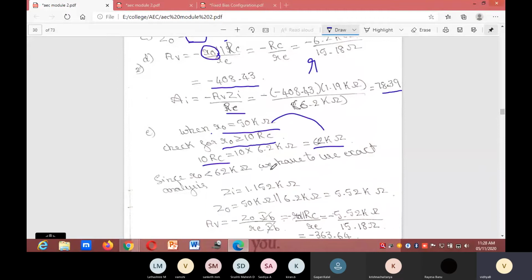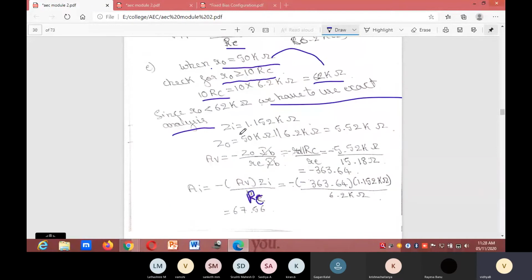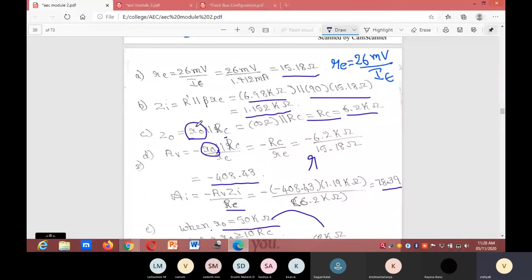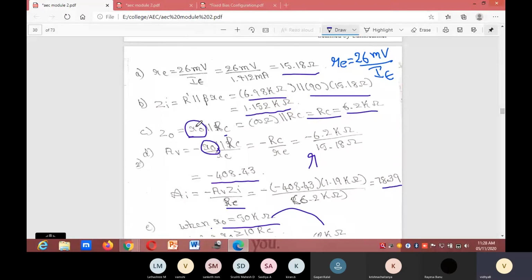So we have to use the exact analysis. Zi is 1.152 kilo ohm only. In Z naught, we will consider the R naught value, because in the last case R naught was greater, so you got Z naught equal to RC directly, but now it is less.